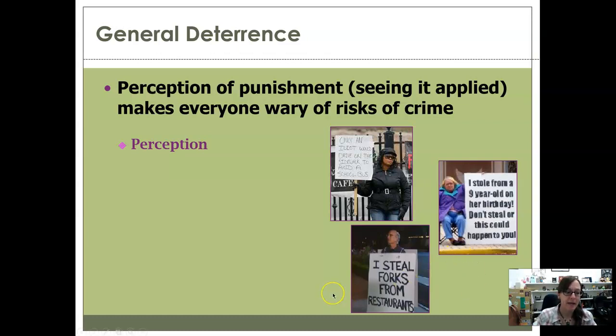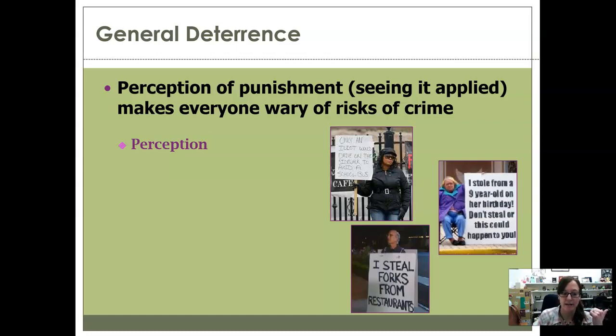So looking at some of Cesare Beccaria's requirements for effective punishment, as discussed in one of the previous videos, Beccaria talked about effective punishment needing to have a certain level of certainty. It also needs to be severe enough to have a deterrent effect, and be swift.